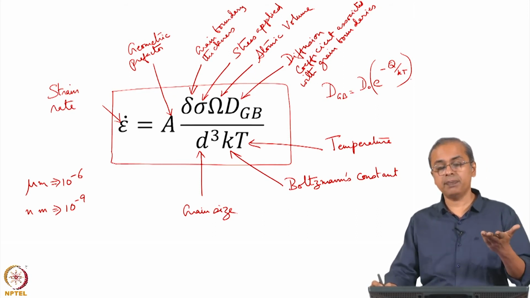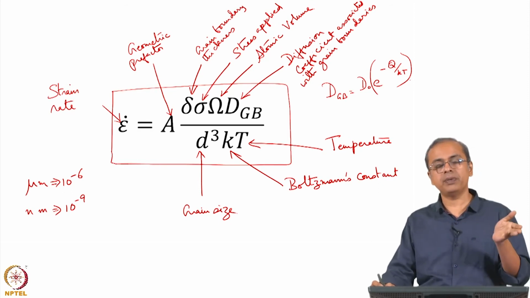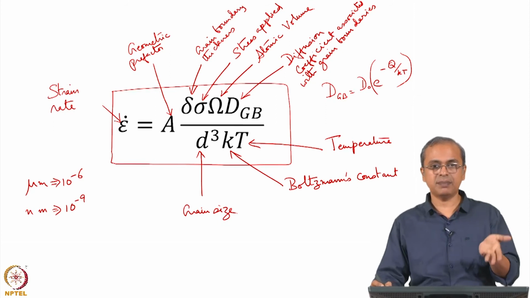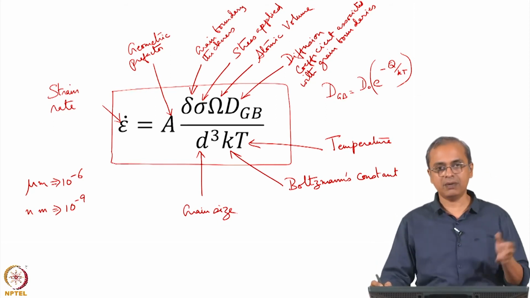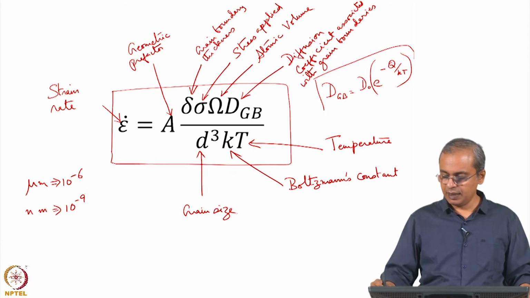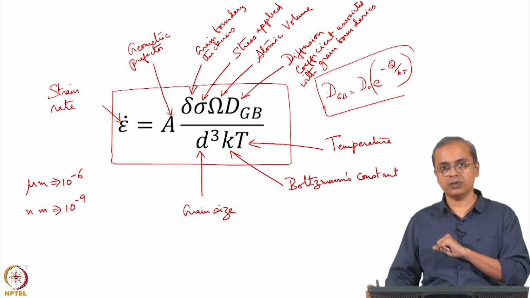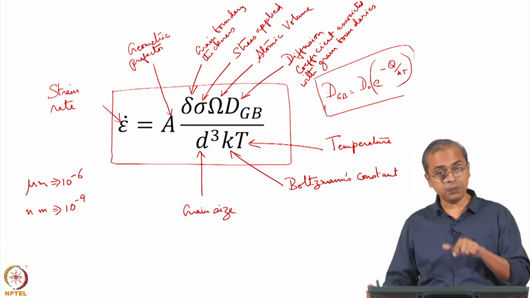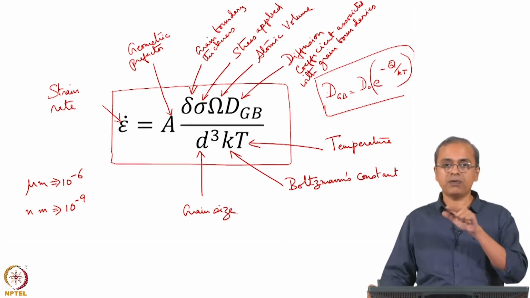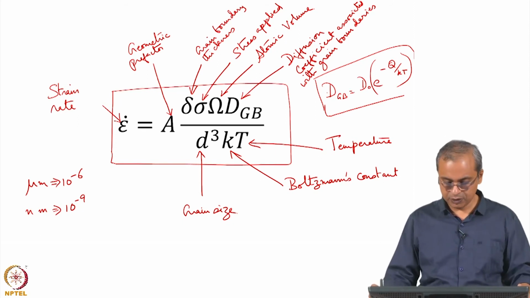As you raise the temperature, for the same activation energy barrier you are able to push the atoms past that barrier very easily, and therefore this has a significant temperature component associated with it, and since that is in the exponent, the impact of temperature there is significantly higher than the impact of the temperature in the denominator.